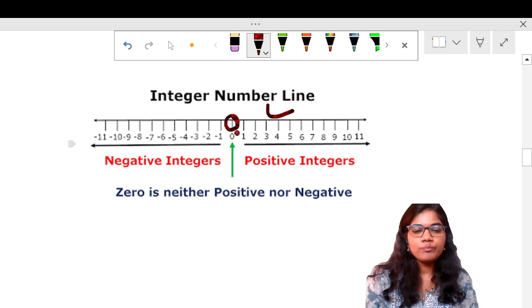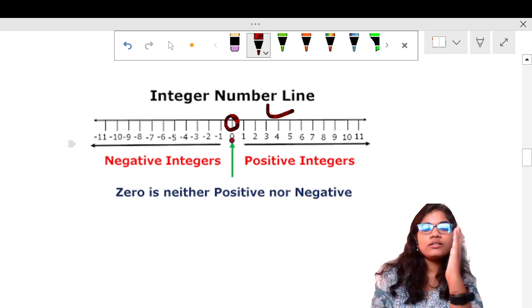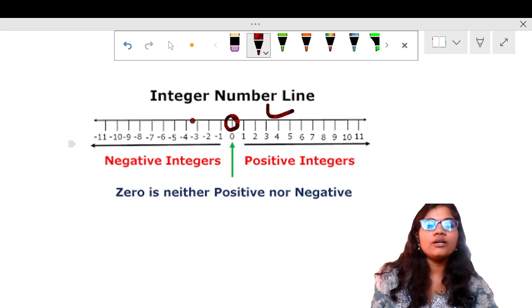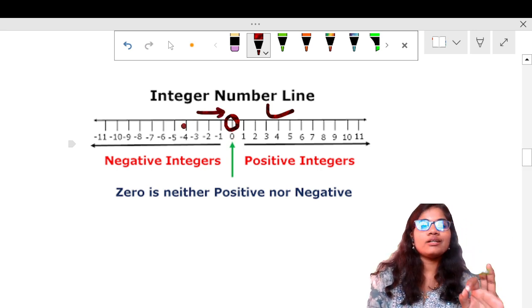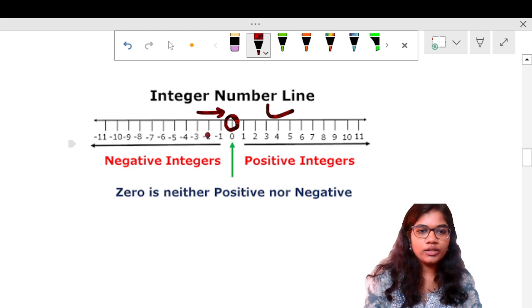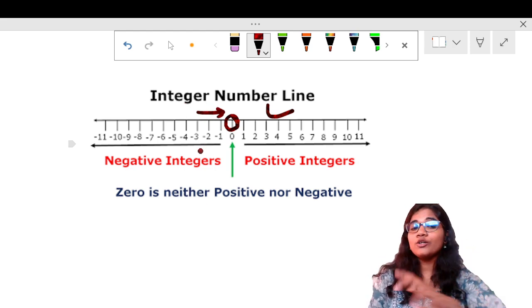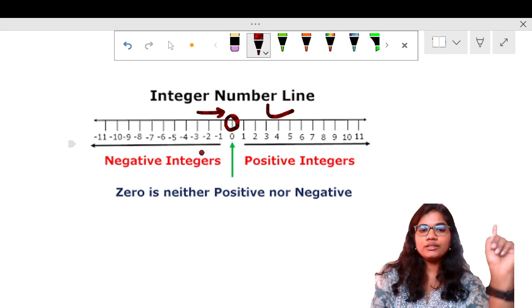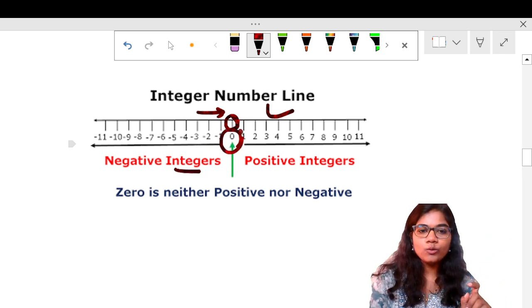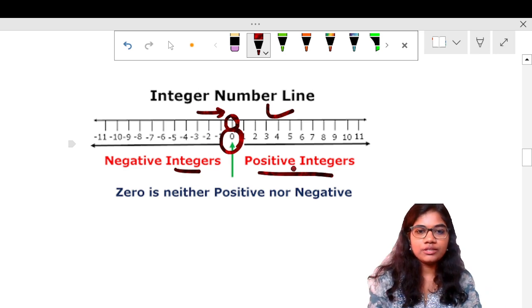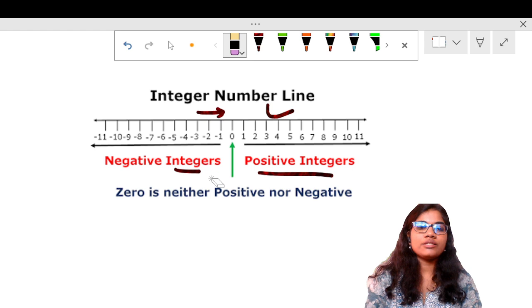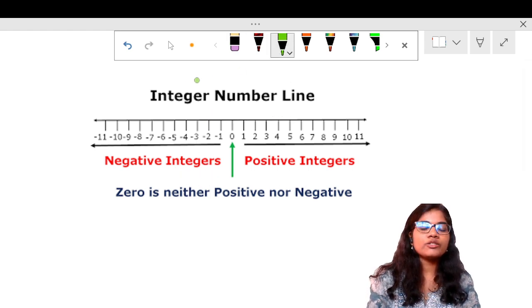This is our zero, and the numbers to the left of zero are the negative integers. Can you see the new set of numbers here? Negative numbers, zero, and the positive numbers, all together, are called integers.